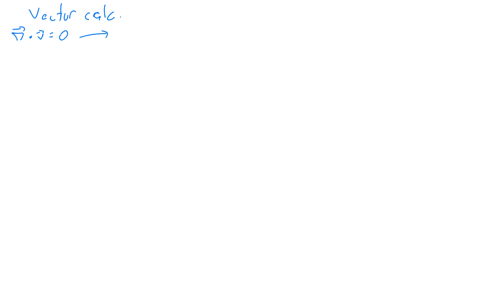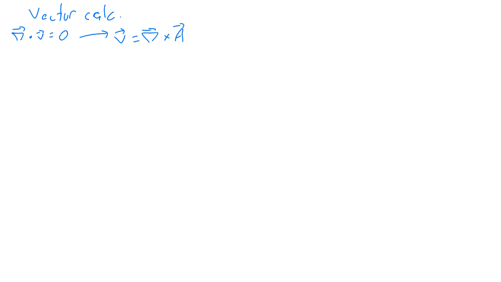So any vector that is divergenceless can be written as the curl of something else. And that was useful for our magnetostatics.